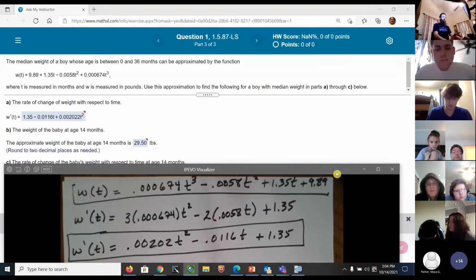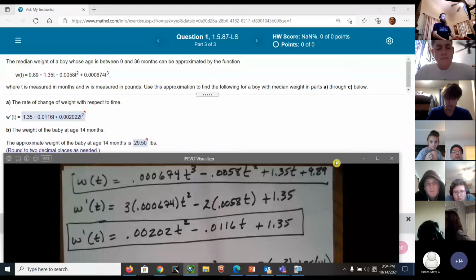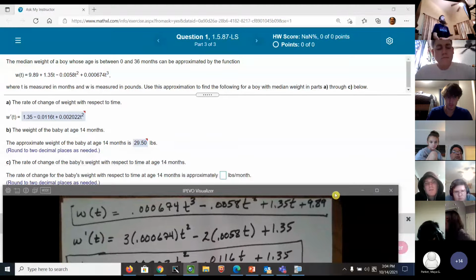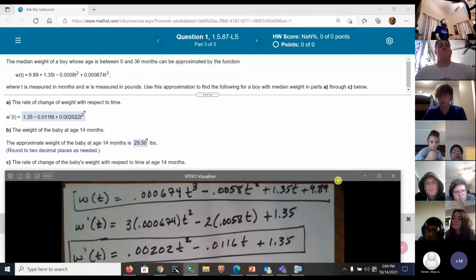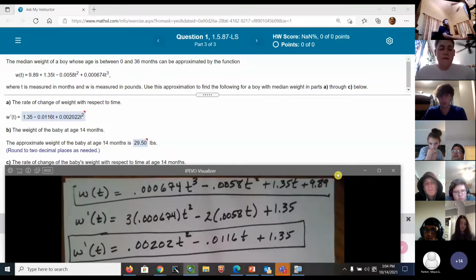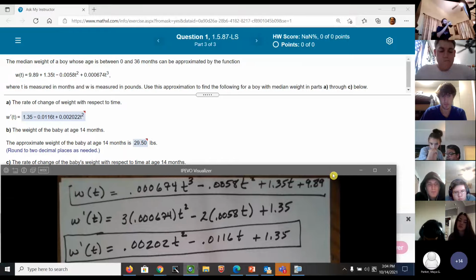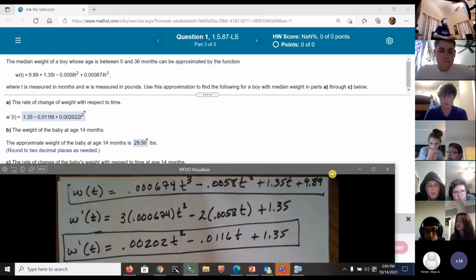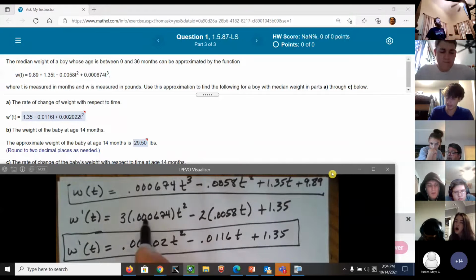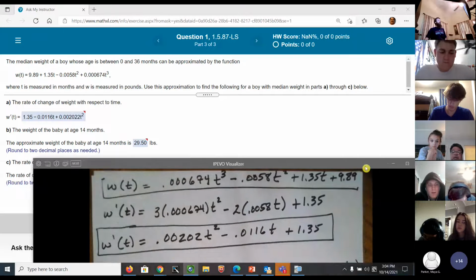Yeah, I didn't square the first 14. I'm redoing it. Okay, are you doing the second one, or are you talking about B or C? C. Well, the first one we left out a 0. Okay, 0.0674. Thank you, Mr. Lynch. So, yep, right there. So let me check that right quick.